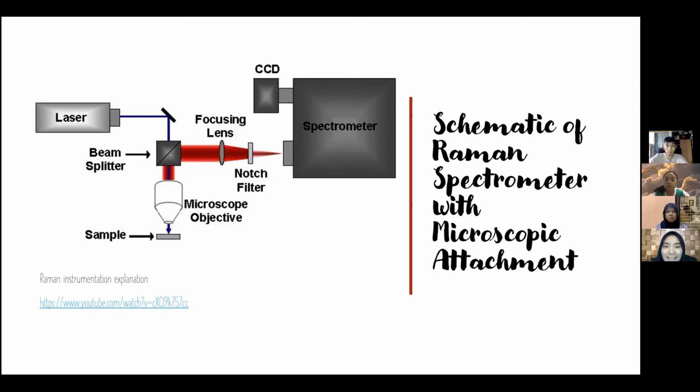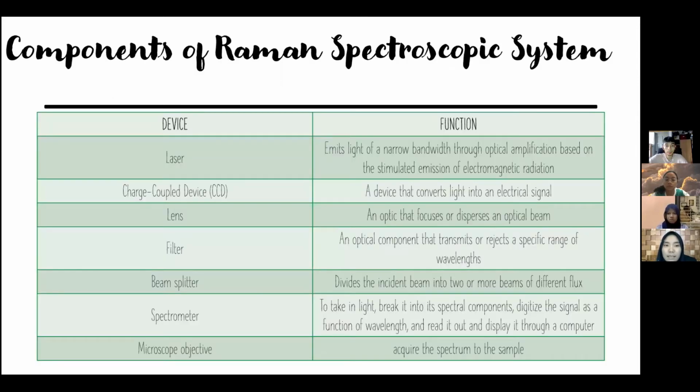Then next slide. These are the components of the Raman spectroscopy as stated just now. The laser emits light of narrow bandwidth through optical amplification, the CCD converts the light into an electrical signal, the lens is used to focus or disperse an optical beam, the filter is to transmit or reject a specific range of wavelengths, and the beam splitter divides the incident beam into two or more beams of different flux.